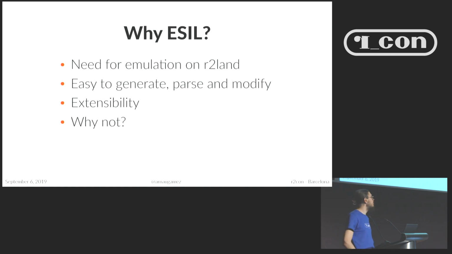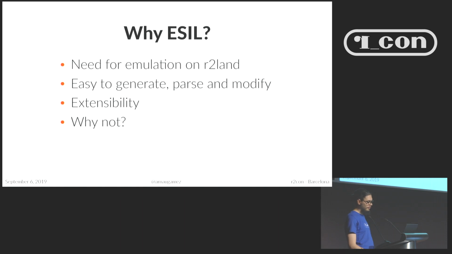And why do we have ESIL, why do we need ESIL? First of all, we need some kind of emulation for analysis purposes, and also for getting into some particular snippets of code. And when we analyze some functions, it's quite useful. And as it's based on strings, it's really easy to generate, to parse, and to modify.